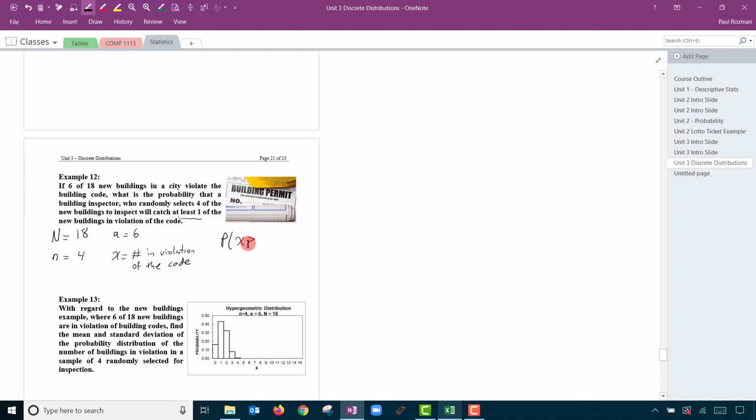So x greater than or equal to 1, which means 1 or 2 or 3 or all 4, because we're going to 4 buildings, which is a lot of work. So maybe we should find the complement. The opposite of greater than or equal to 1 is none.